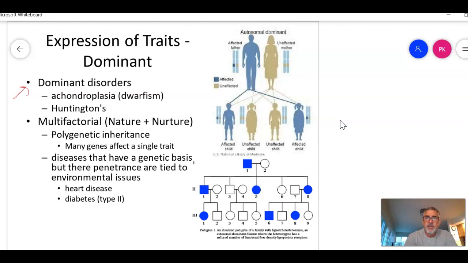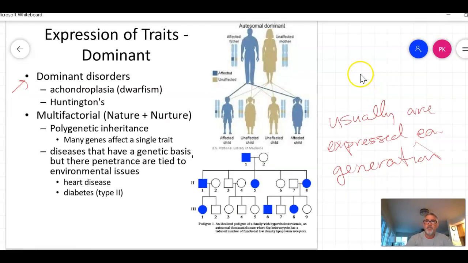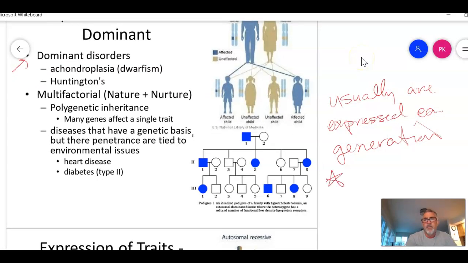So dominant traits usually are expressed each generation, and they usually affect males and females.